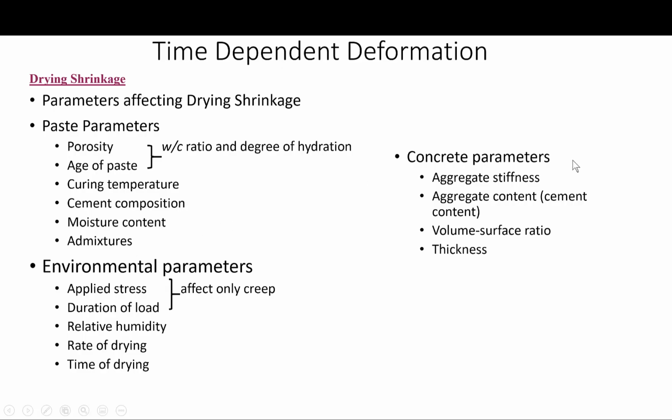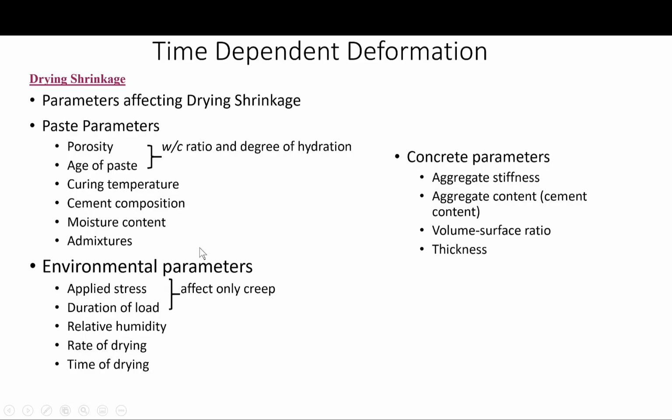The concrete related parameters: the aggregate stiffness and content, volume to surface ratio, and the thickness of the member, since that will affect the rate of the moisture migration from the member to the surroundings. We have also the environmental parameters: the applied stress or duration of load.